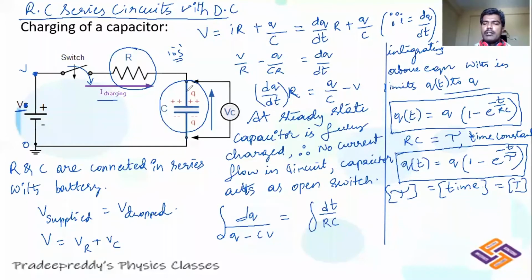The final charge Q will be equal to C into V, because the total charge accommodated on this capacitor can be written as CV. Once the final charge is known to you, at any instant of time, the amount of charge accommodated on this capacitor can be calculated by this expression. Very, very important expression: Q of t is equal to Q into 1 minus e power minus t by tau. You need to remember this equation for solving problems.